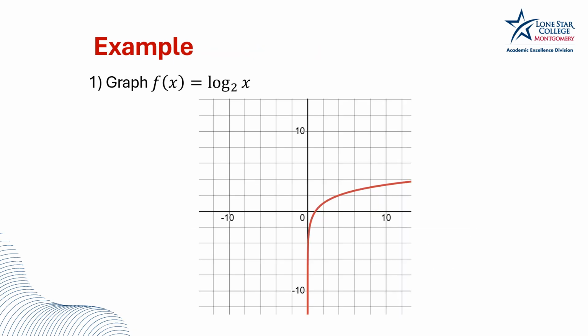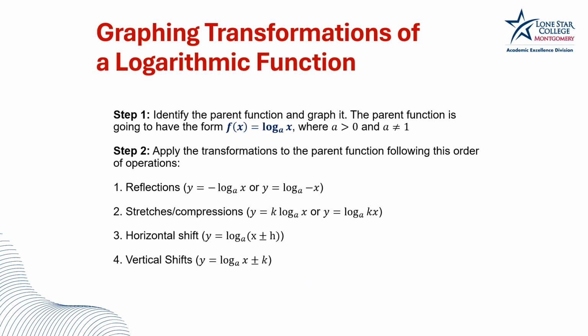When we look at the graph of f of x equals log base 2, it still has a base of 2, so that means a is greater than 1, so it's going to come from the bottom and move to the right, but it still will have a vertical asymptote at x equals 0 and an x-intercept at (1, 0). Now let's look at transformations of log functions.